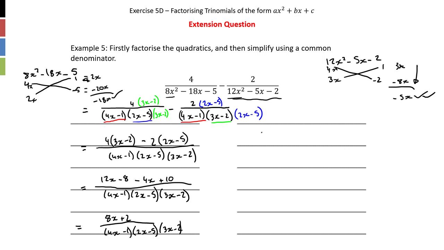That numerator can simplify again to 2, 4x plus 1. And this is where I start to think, have I made a mistake? 12x minus 8, negative 4x plus 10, yes, 12 minus 4 is 8x. 10 take 8 is 2. Hoping for a cancellation.